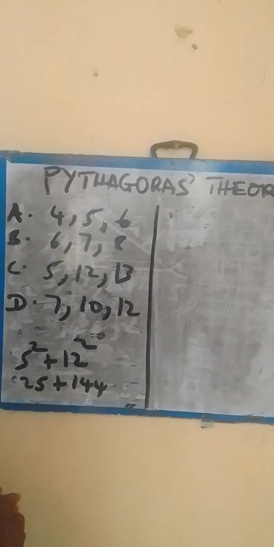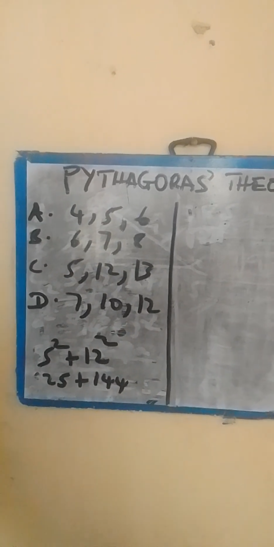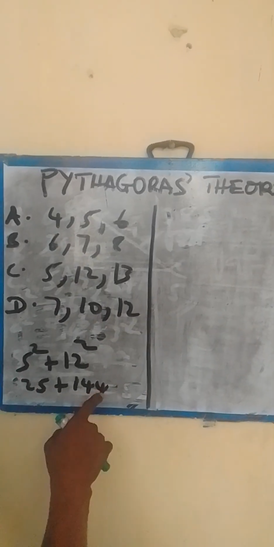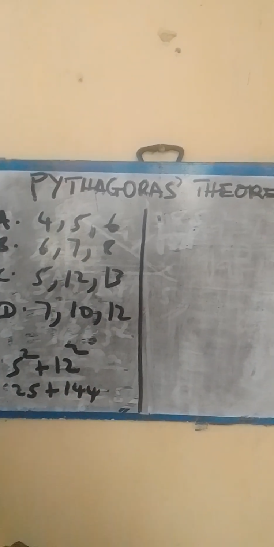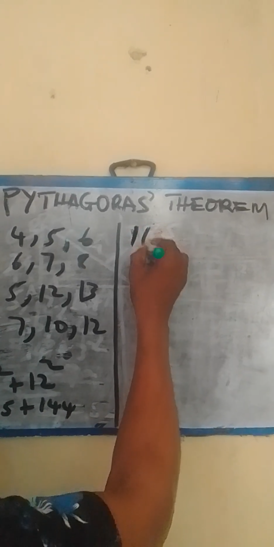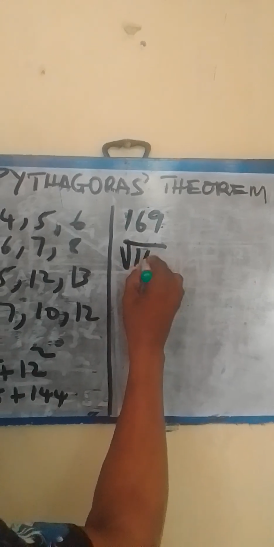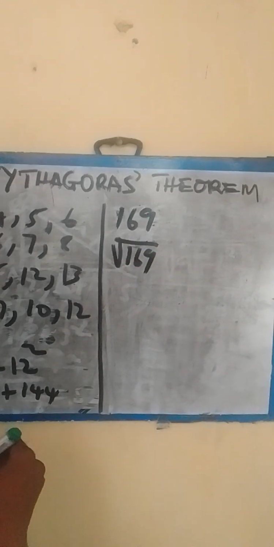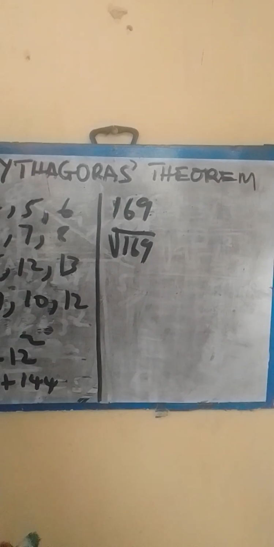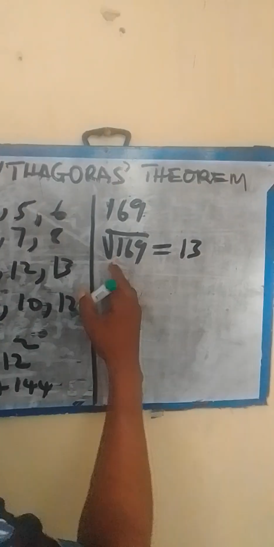If you add these, it is going to give you 169. So for the square root of 169, you look for a number that when you multiply it by itself will give you 169. And the answer will be 13, because 13 times 13 gives us 169.